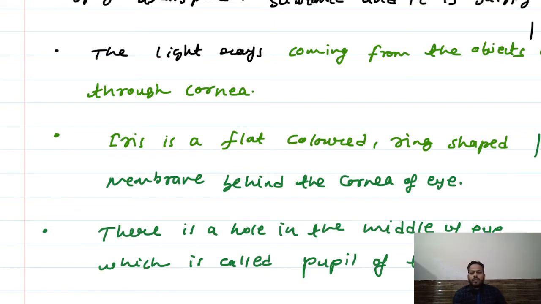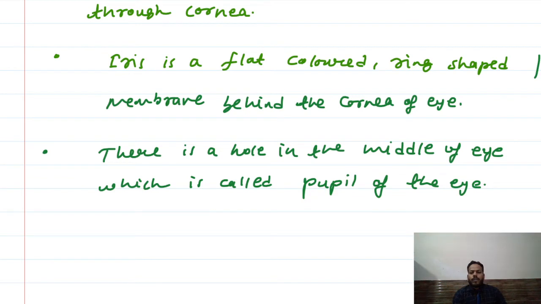Okay, so it is better we will shift this one in the upward direction and then we will discuss. So iris is a flat colored ring shaped membrane behind the cornea of the eye, and there is a hole in the middle of it which is called the pupil of the eye, जिसको हम लोग बच्चों, pupil of the eye कहते हैं.